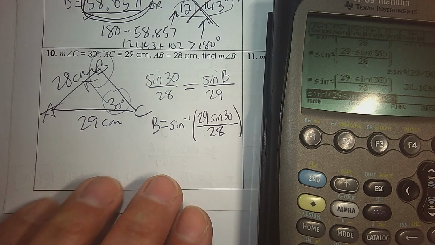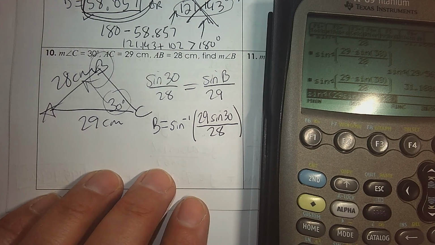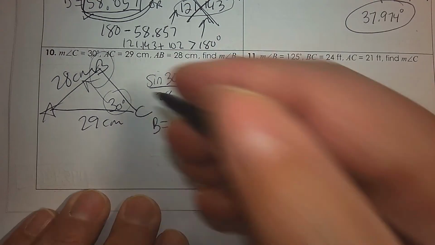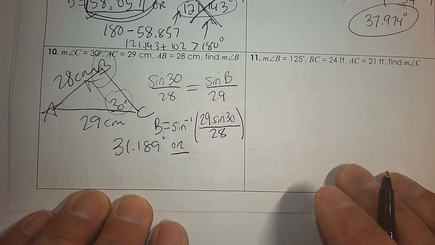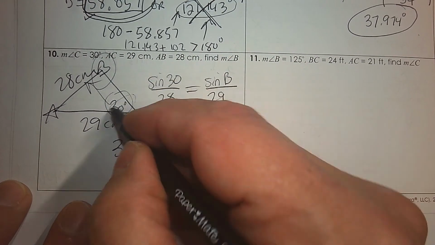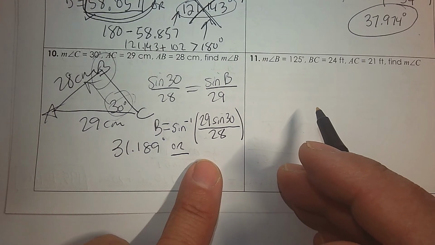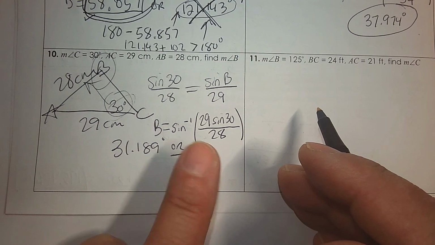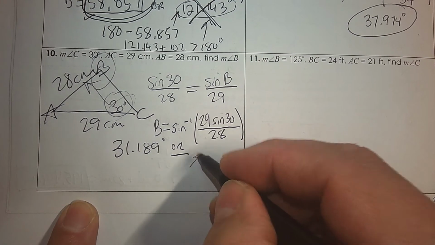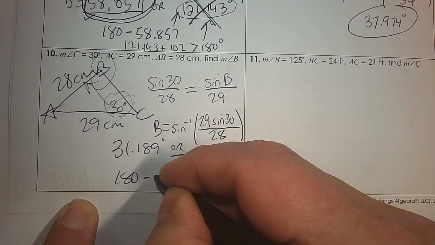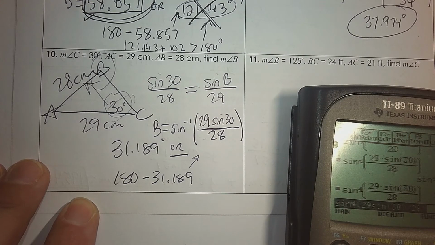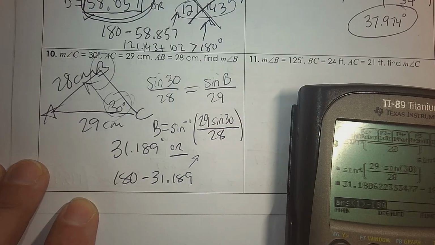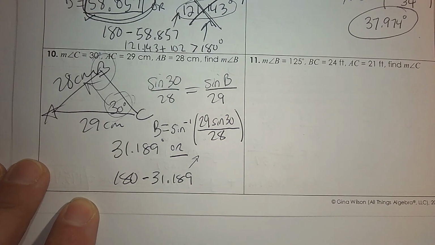So 31.189. Or, in this situation, could you have an obtuse angle that could work, right? So how do I find that one? I go 180 subtract 31.189. And I get 148.811.